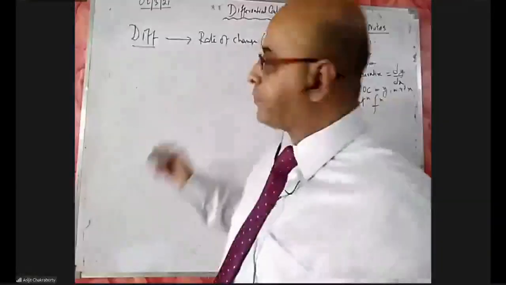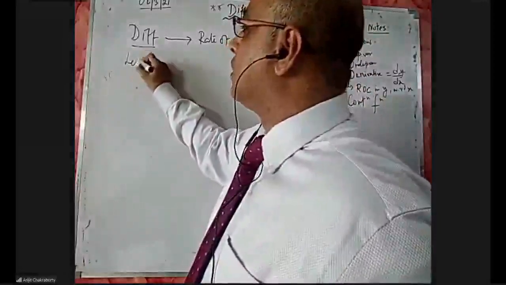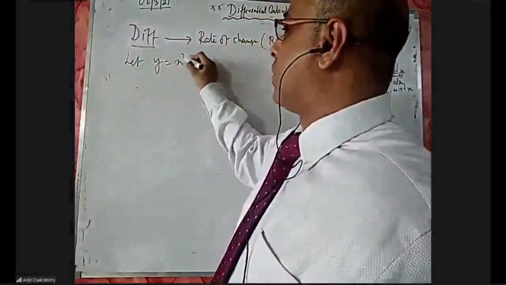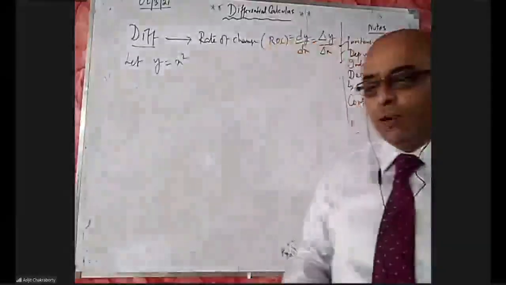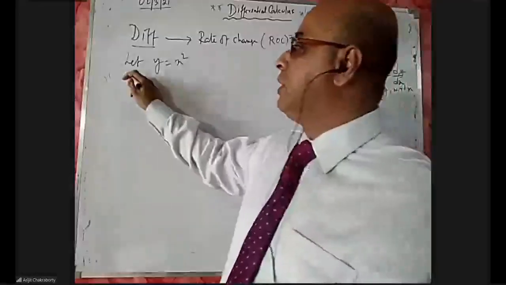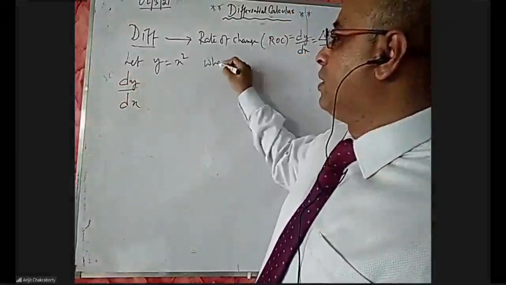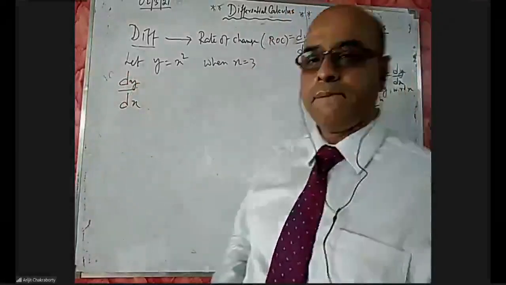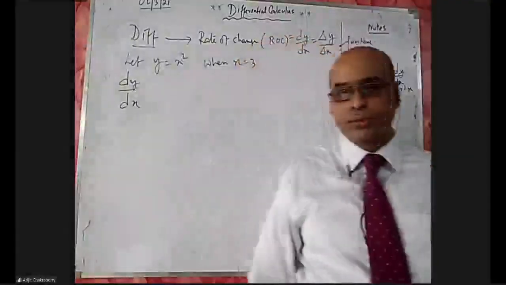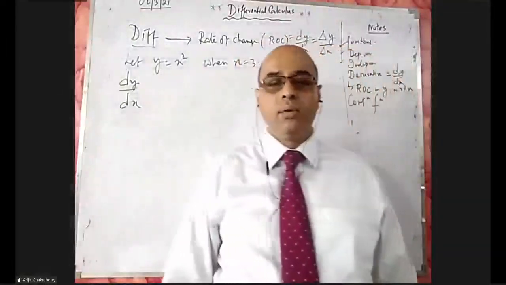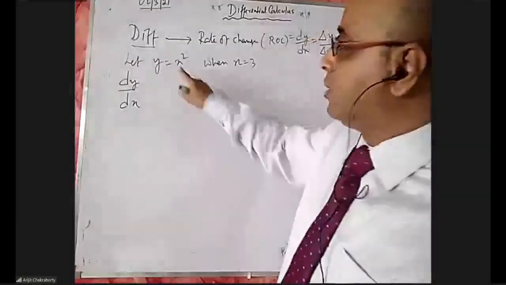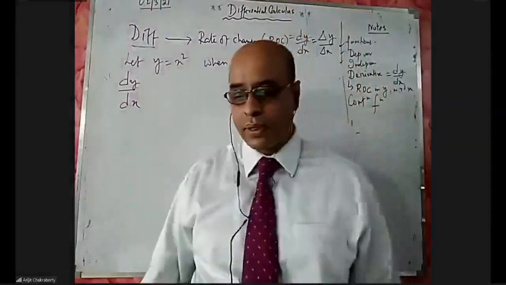Now say, let y equal to x square. We want to find out dy by dx when x is equal to 3. So at the value x is equal to 3, we shall try to find out what is the value of y equal to x square.